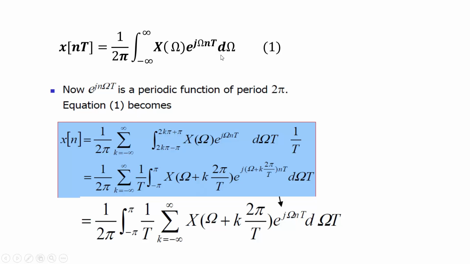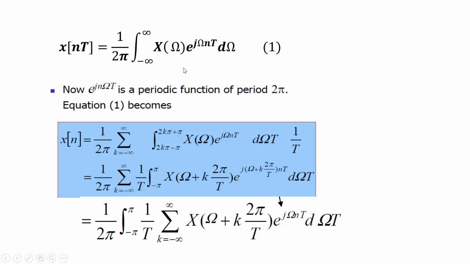Now, in equation 1, because the integral is going from minus infinity to infinity, and this factor is a periodic function of 2 pi, I can do a little modification here. I can use an index k. The index k goes from minus infinity to plus infinity, and the integral limits can be changed from 2k pi minus pi to 2k pi plus pi, because a limit from 2k pi minus pi to 2k pi plus pi will give me a period of 2 pi.